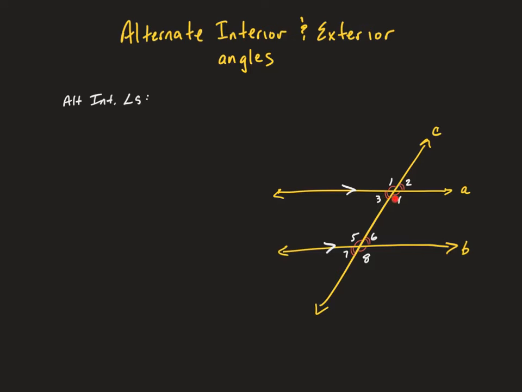So that means 3 and 4 added together would be 180, and then 5 and 6 added together would be 180. So it seems the measurement of 5 and the measurement of 4 are the same. So alternate interior angles are congruent.